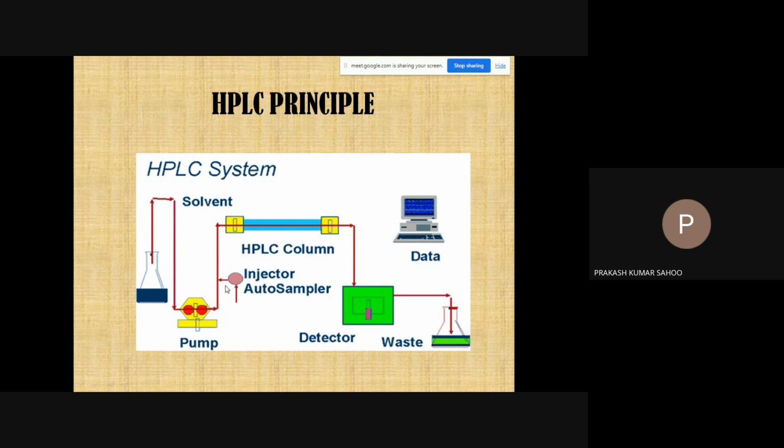There is one sampling chamber at which the sample is injected, and with the solvent it goes up to the capillary, and after the separation it is detected by the detector, which may be UV, FTIR, or any other detector type we will discuss.